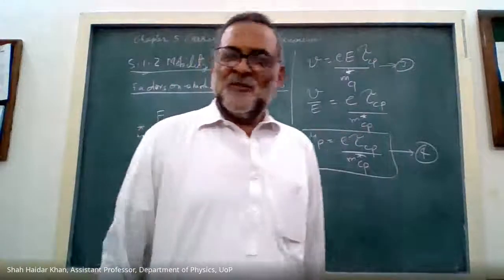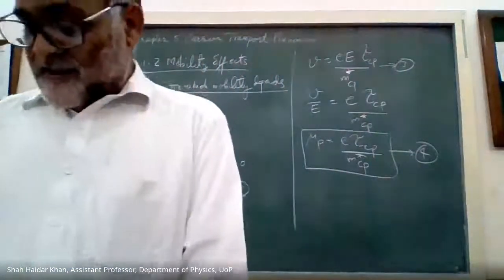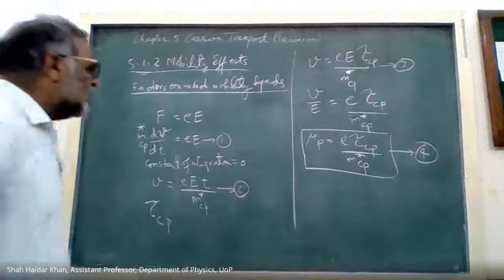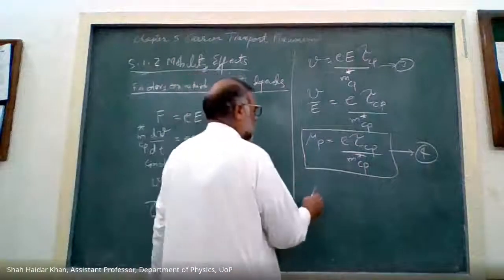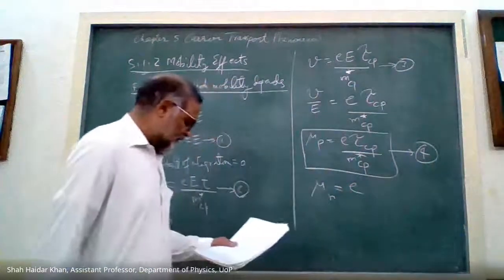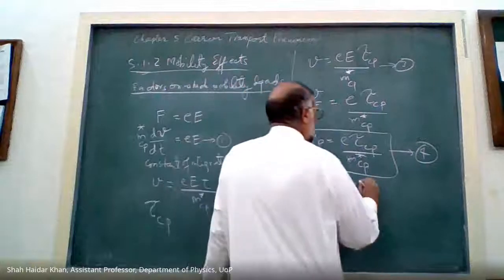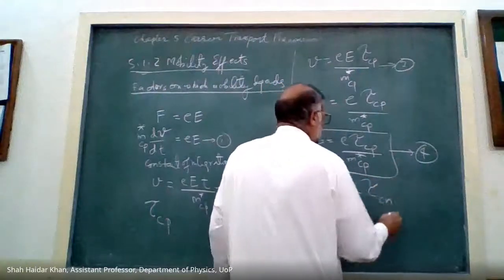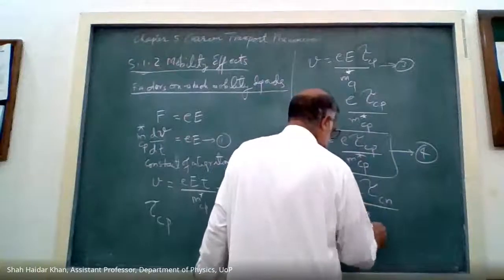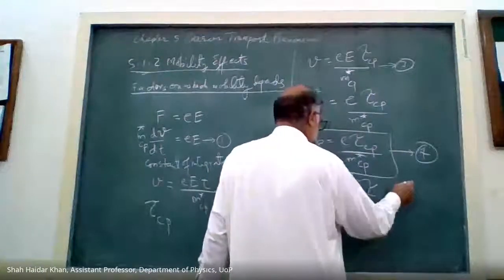Collisions ज़्यादा नहीं होंगी तो mobility ज़्यादा, right? So that is the mobility of holes, and similarly the mobility of electrons can be written like this.